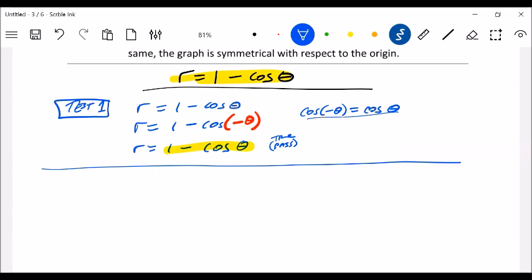So yes, it is symmetrical to the x-axis.